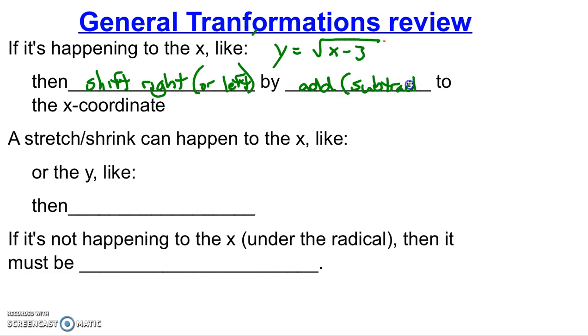Now think about this. If y equals the square root of x is our graph that's like that, and this says to shift it right 3, then your new graph will be over here. And so what's happening to the x coordinate?